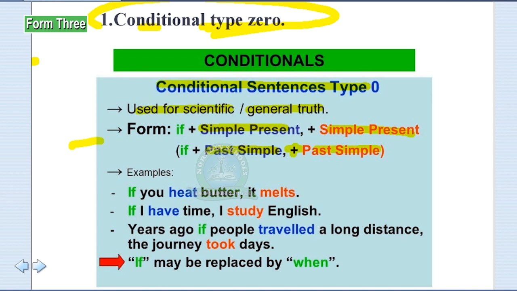What about if you don't know past simple? Can you make a conditional sentence type 0? I think no, you can't. So you always need to go back to the tenses and revise, to understand the three very important lessons which are really related to the tenses: the passive voice, the conditionals, and the reported speech.